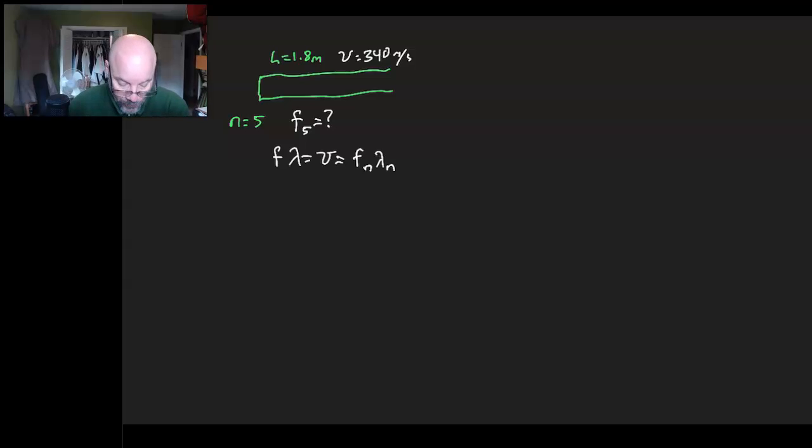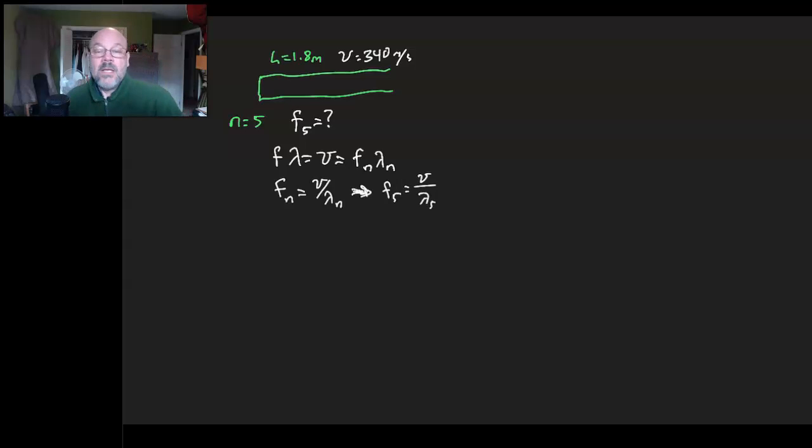Okay, and so if we want a frequency f sub n, that's going to be the velocity over lambda sub n. And in our particular situation, we want to know f5. So that's going to be v over lambda 5. So if we get lambda 5, then we can get f5. Okay, so let's work on lambda 5.